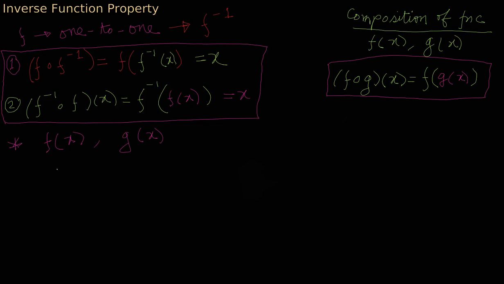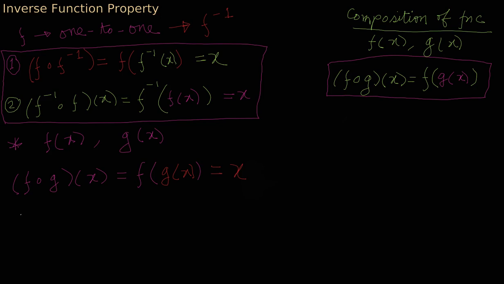Now let's say I want to find the composition of function f with function g, and by definition it is f, and then the inside argument will be g(x), and I found that this is actually x.